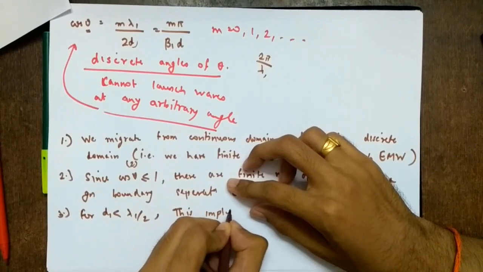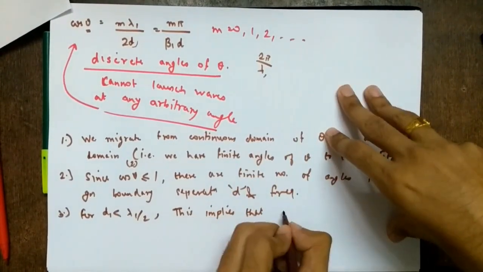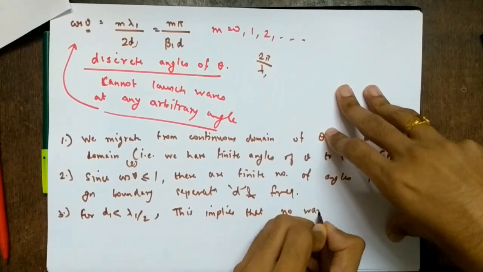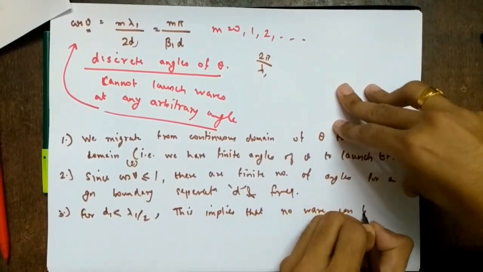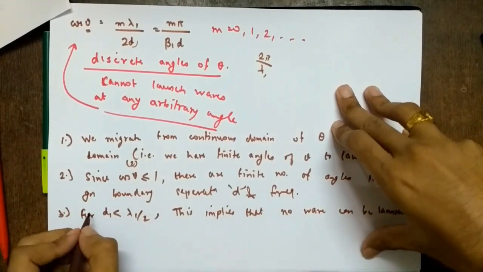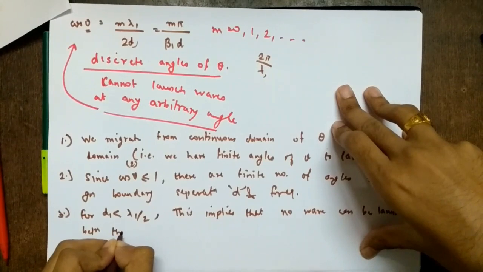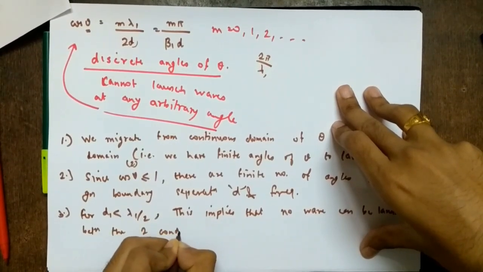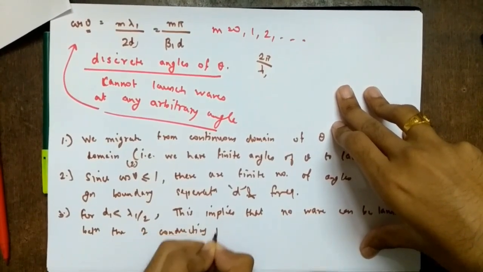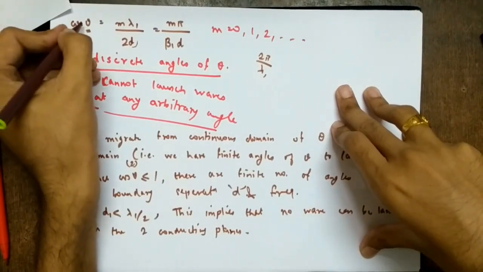This implies that no wave can be launched between the two conducting planes. Why can no wave be launched? Because cos theta cannot be greater than 1.